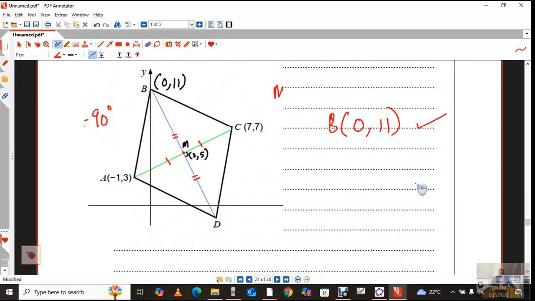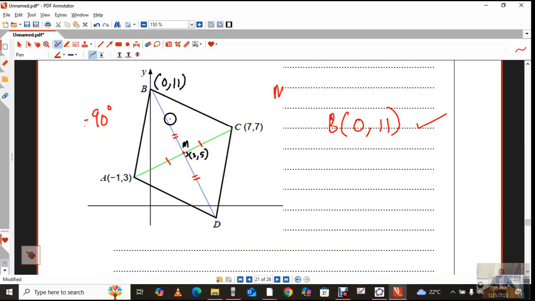Okay, so you have to find D. Now, D can be tricky. People are saying I'm going to use vectors and so on. You don't have to do that. Use your midpoint. When you went from the midpoint to B, let's take in terms of the x, you went 3 places to the left.